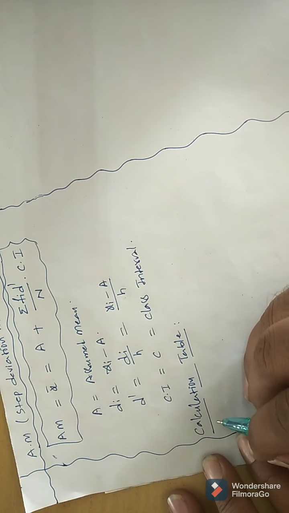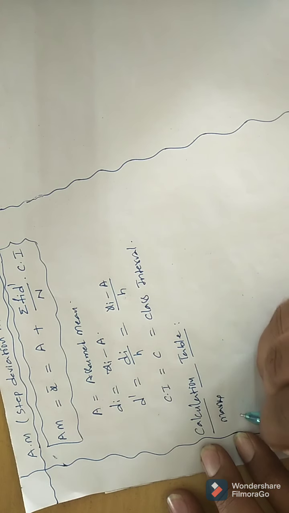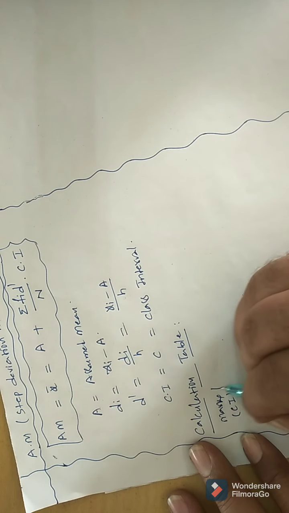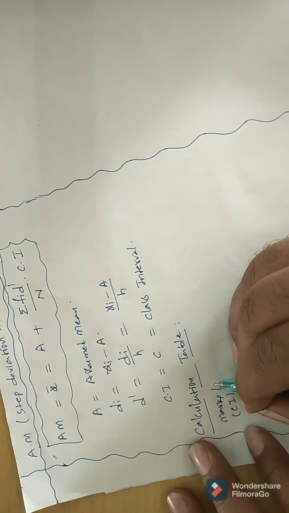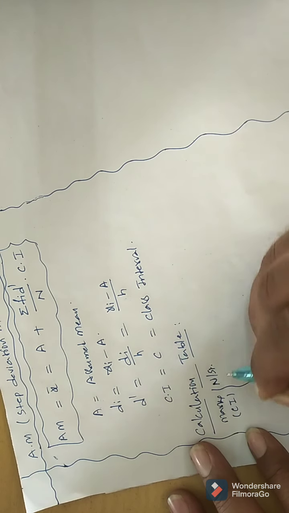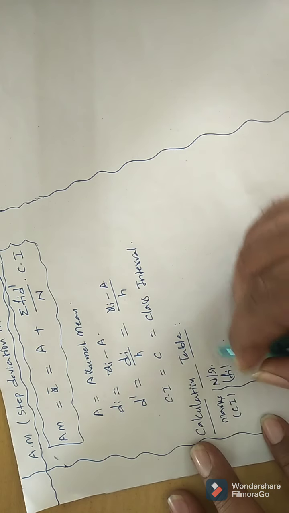So as usual, first marks. According to us, what is the name of that? Class intervals. Next, number of students. How do we write this? Frequency, according to our notations.